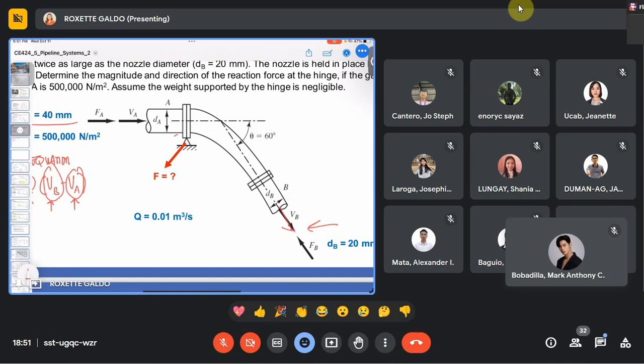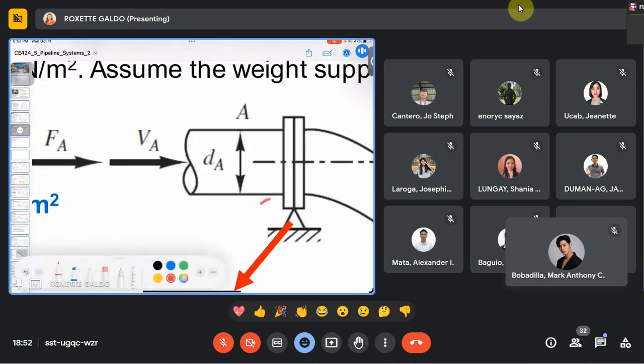Pipe B is pointing downward. Therefore, the velocity that we will be considering in this problem will not only be along the horizontal direction. Although for VA, the component is only along x, because the direction of the flow at pipe A is horizontal.